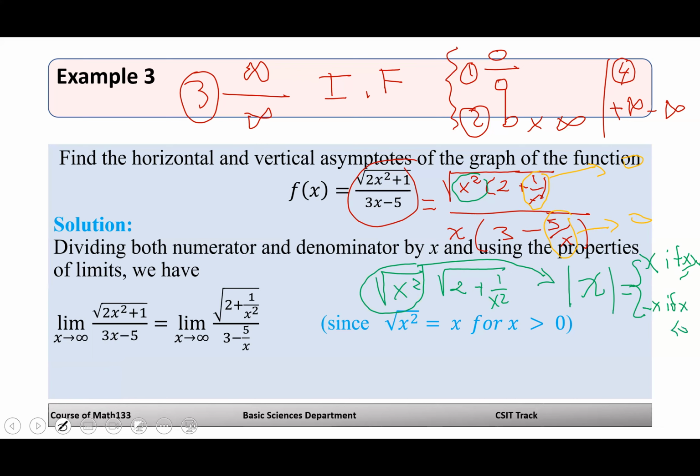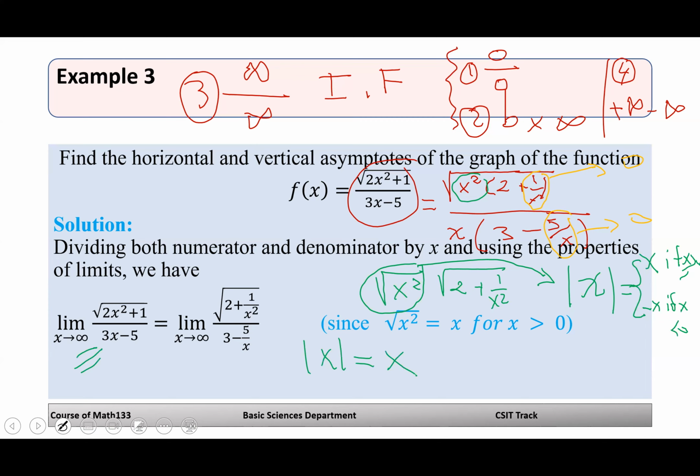So since we are approaching infinity, the absolute value of x is x. In this situation, if we work with minus infinity, then I will take minus x, but here I will take x. And you see, I will replace all this expression by x.